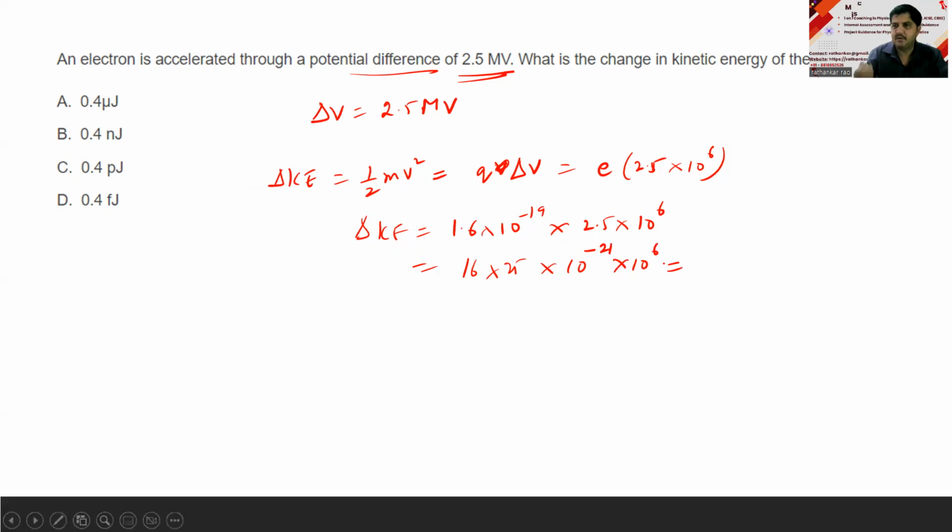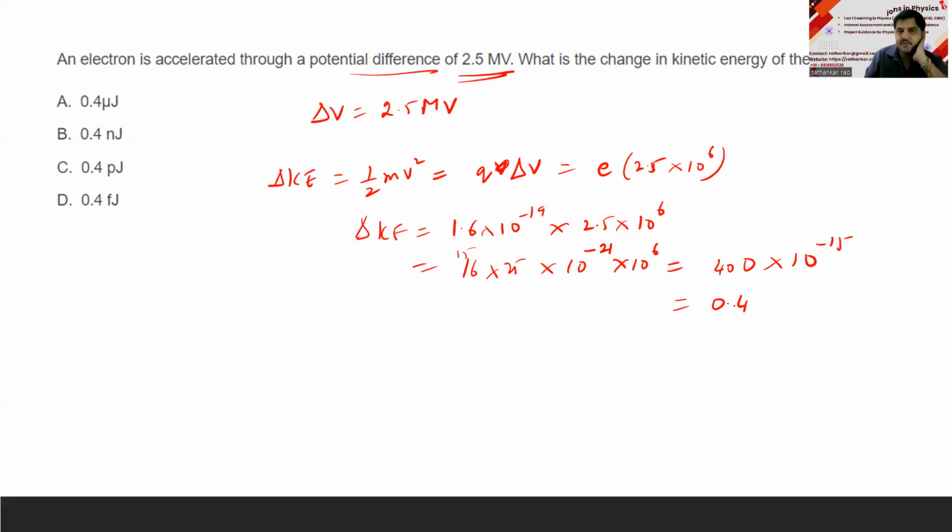Maybe if you have a calculator, you can try doing it. Which would be 10 to the power of minus 21 plus 6, which is minus 15. And then 25 times 16 is 400, which should be somewhere around 0.04.